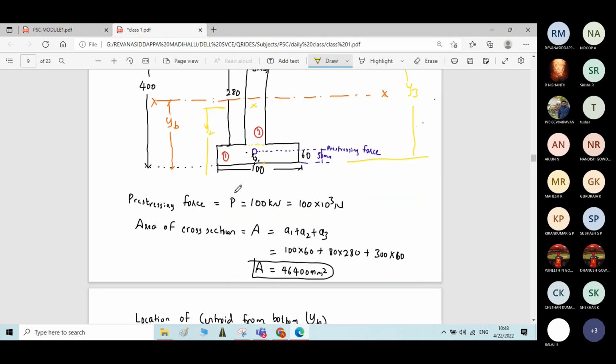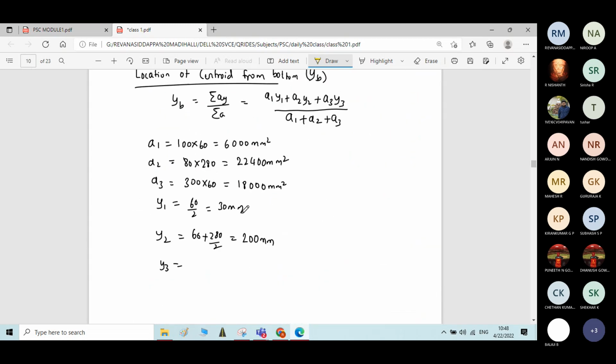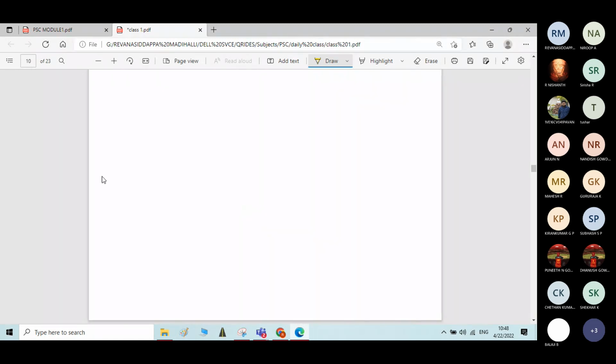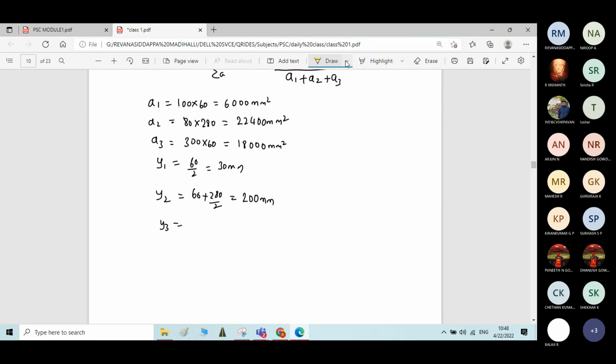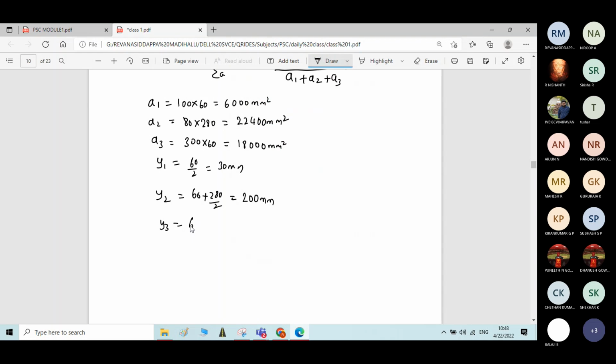I will go from bottom only. So 60 plus 280 plus 60 by 2. Answer is 370 mm.